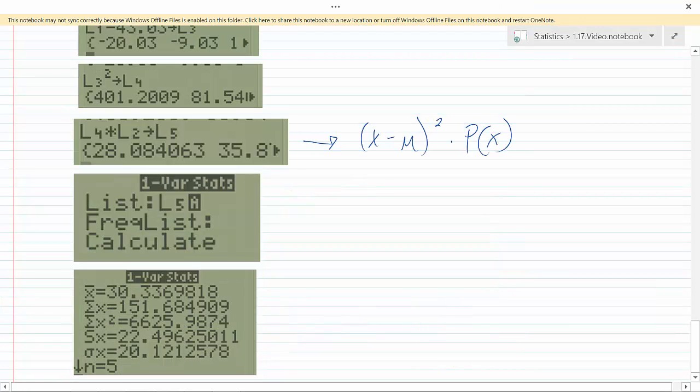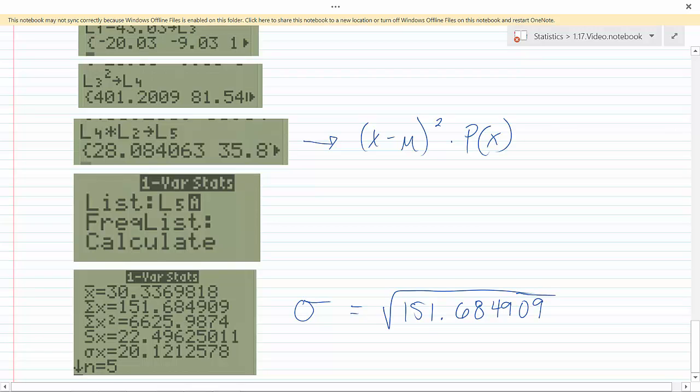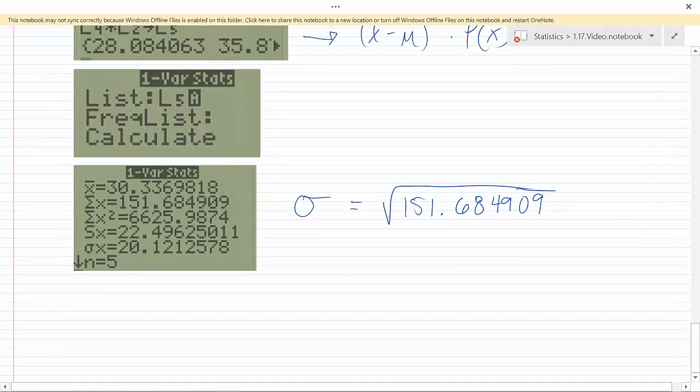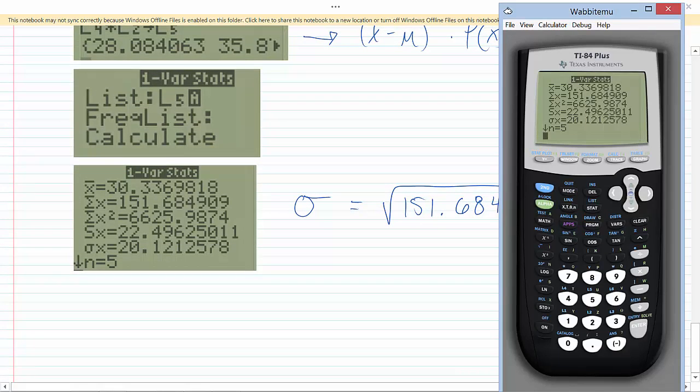So my sigma is the square root of 151.684909. And for now, you need to keep all those decimals, otherwise you may encounter some kind of rounding error. So I'm going to clear my home screen.